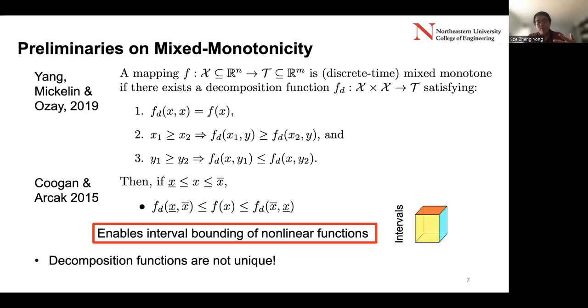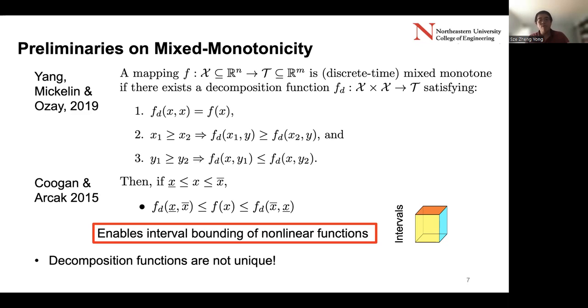So that probably means that there are some decomposition functions that are useful, or their bounds are actually tighter, and there might be decomposition functions that are terrible and they still bound the function, but the bounds can be bad. So the trade-off there is we want to find bounds that are as tight as possible, but we also want to find bounds that are easily computable, which we call tractable.